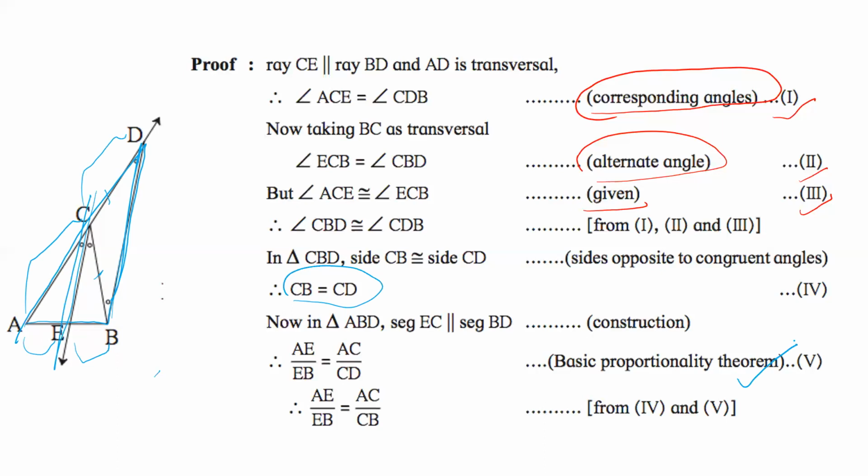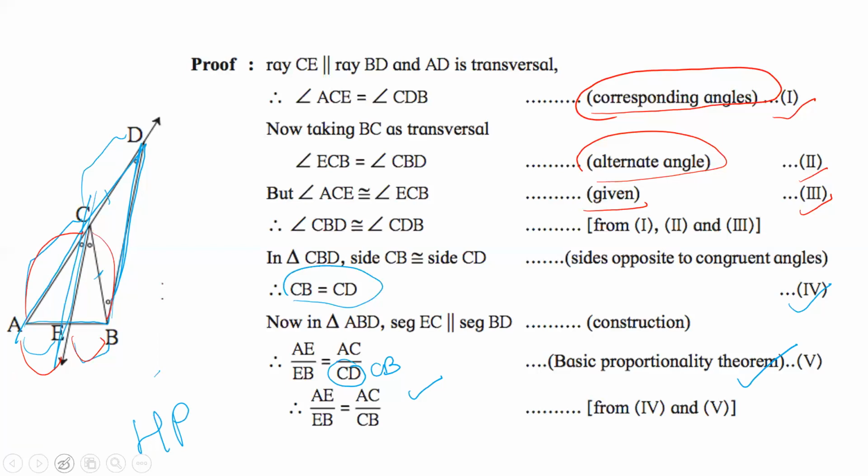But since CD can be replaced by CB from number 4, we get this final statement, and we have hence proved what we need from this derivation. In that way, we have concluded that AE upon EB is equal to AC upon CB.